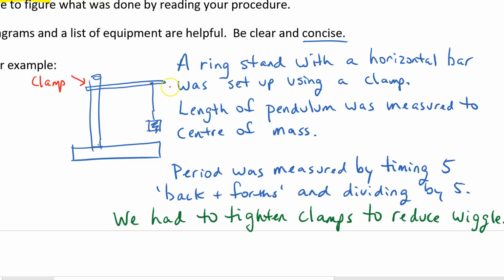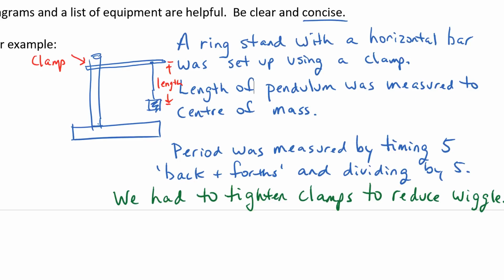So if we were to measure length, it would be from here to here, not necessarily just the length of the string. Period was measured by timing 5 back and forths and dividing by 5. Some of you may choose to use 10. I added another thing in green saying we had to tighten the clamps to reduce wiggle.